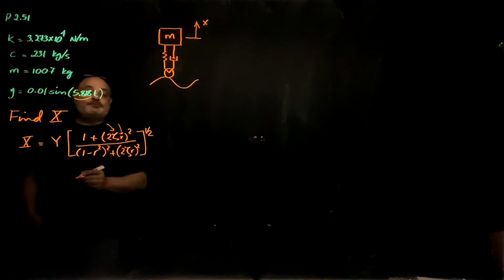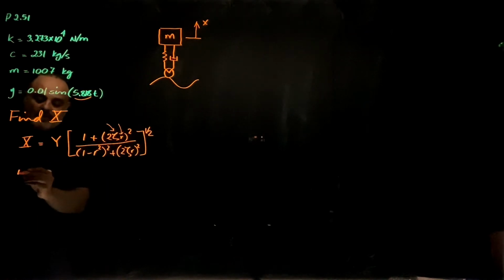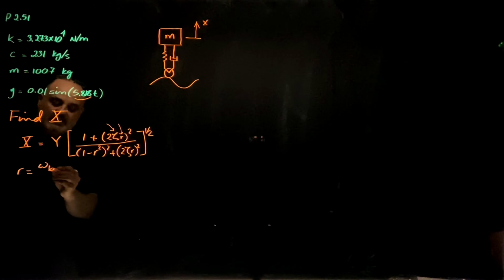So first of all, r is omega base divided by omega natural frequency.